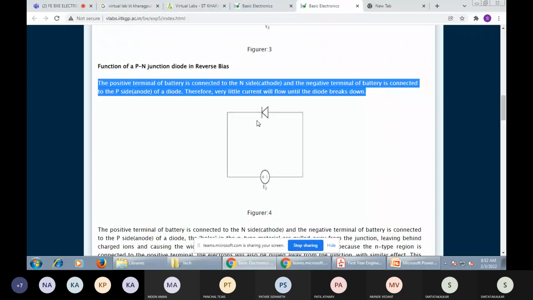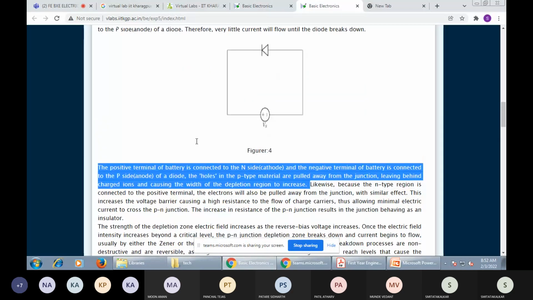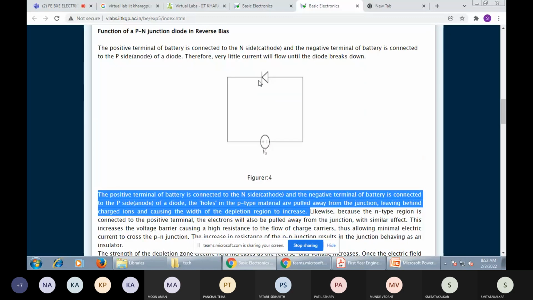The majority carriers, the electrons, move toward the anode terminal, which is the negative charge, and the majority carriers, the holes, move toward the cathode terminal. That's why the barrier potential width is increased, and the diode is an open switch.